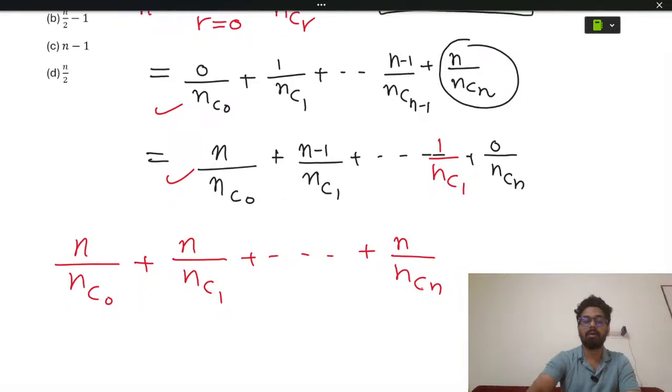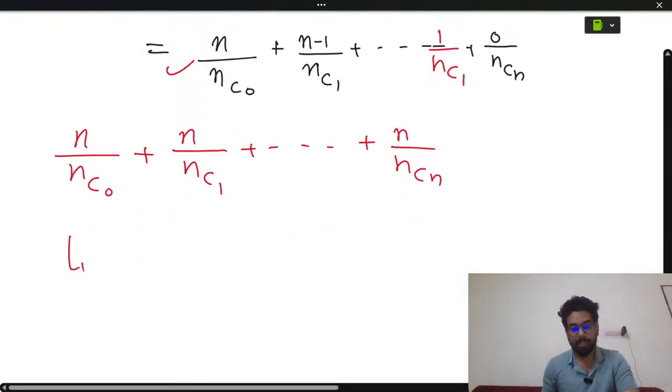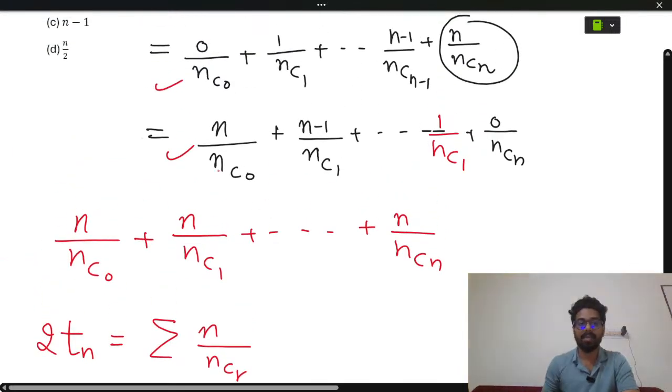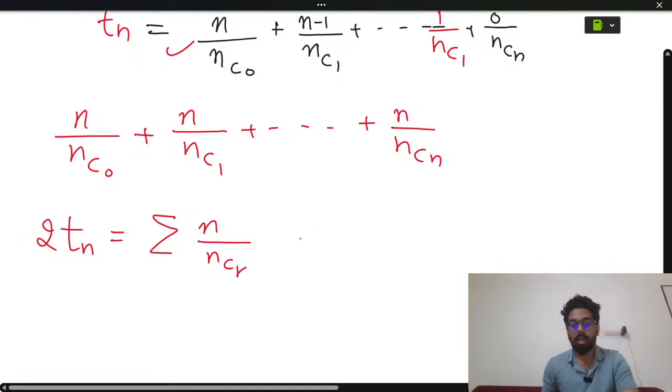Now I can write that Tn is equal to sigma n upon nCr. And I can take common out of this. Now we have added this 2 times. This is Tn and this is Tn, so this becomes 2Tn. Now guys, since n is a constant number, I can take it out.